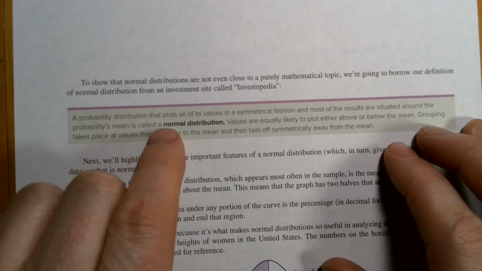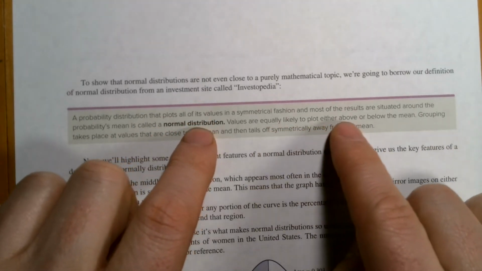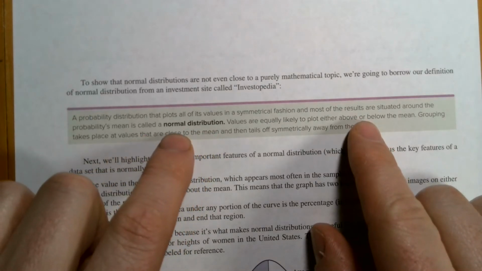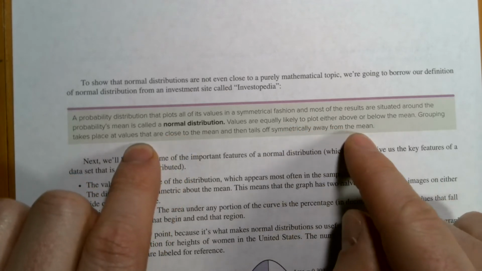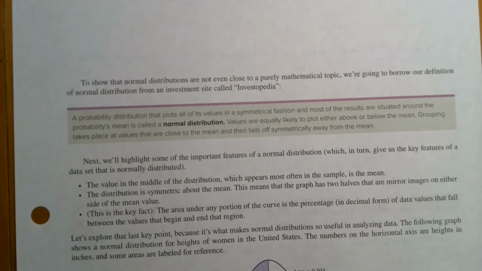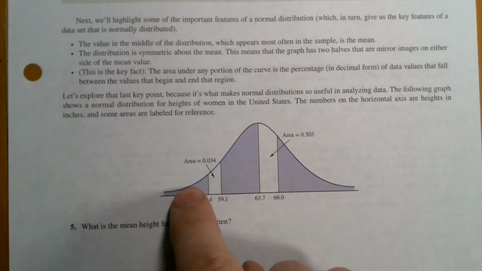A probability distribution that plots all of its values in a symmetrical fashion, and most of the results are situated around the probability's mean, is called a normal distribution. Values are equally likely to plot either above or below, that's what I said before, and grouping takes place at values that are close to the mean and then trails off symmetrically away from the mean. In other words, here's what that shape would look like.